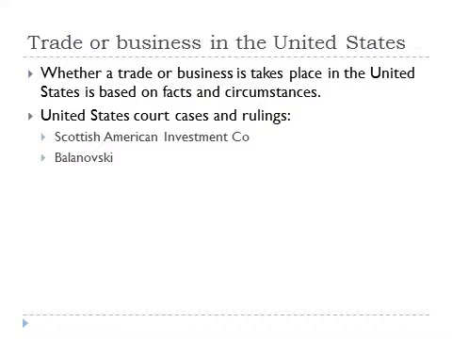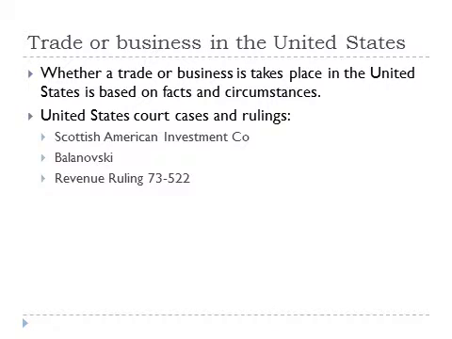Balanovsky, a foreign taxpayer whose U.S. activities included purchasing and exporting goods for sale outside the United States and purchasing and selling goods in the United States. Here, the taxpayer's U.S.-based activities were relatively substantial, and the taxpayer was engaged in a U.S. trade or business.